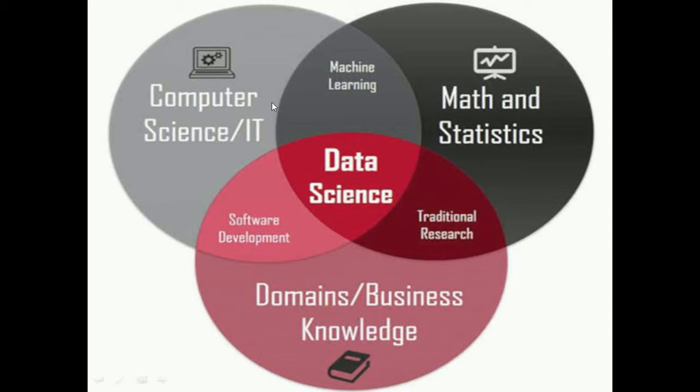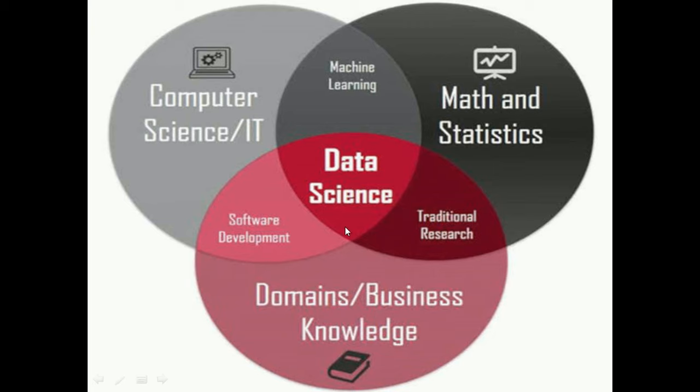Your computer science and IT and your mathematics and statistics are combined to form machine learning. What is machine learning? We'll discuss it in the next video. Then computer science or IT and business or domain knowledge are combined to form software development. What is domain or business knowledge?